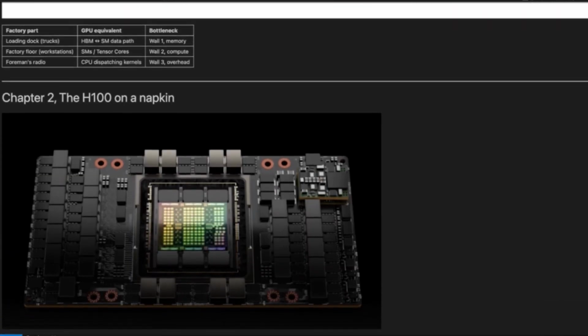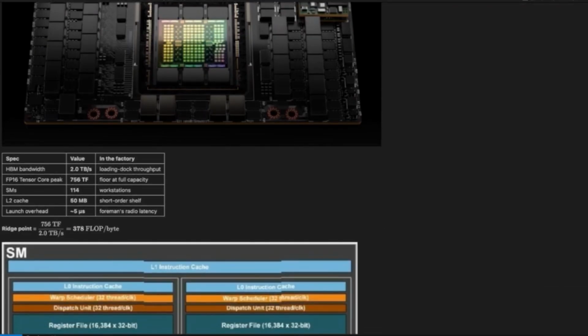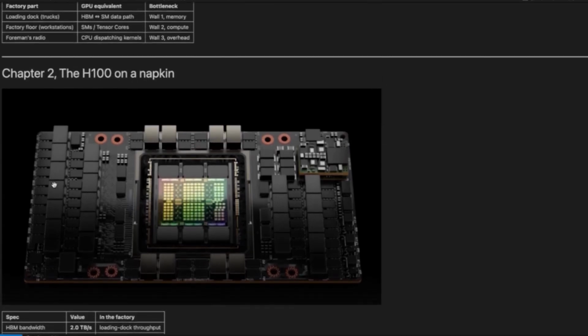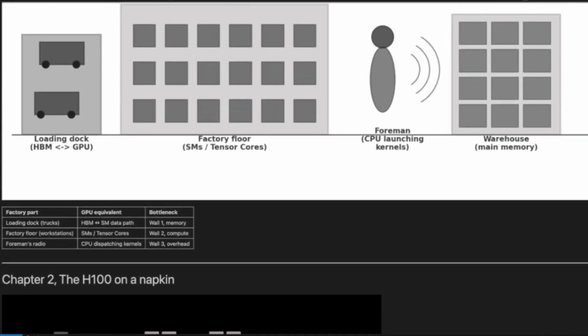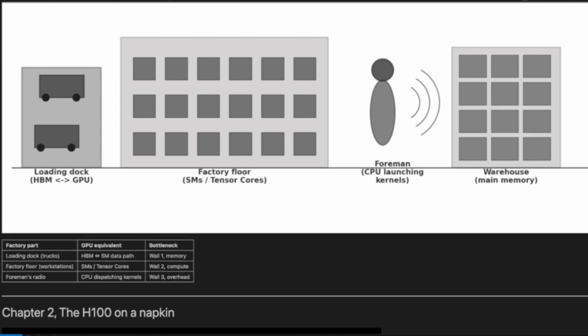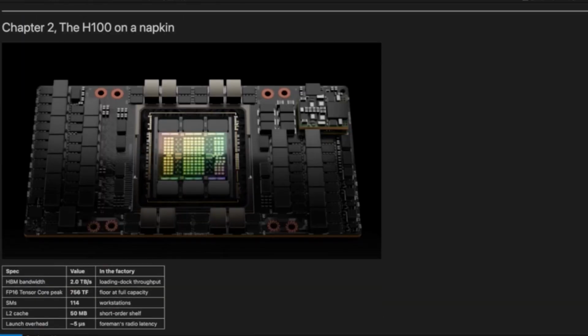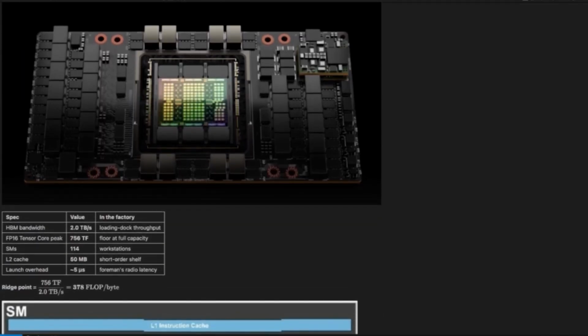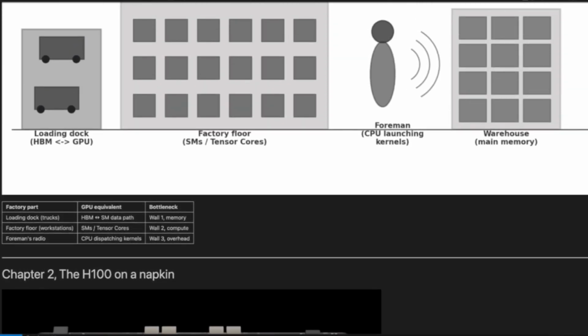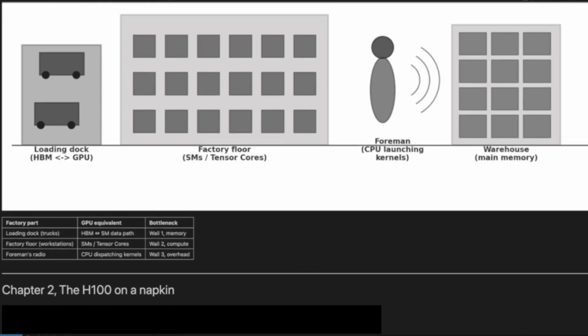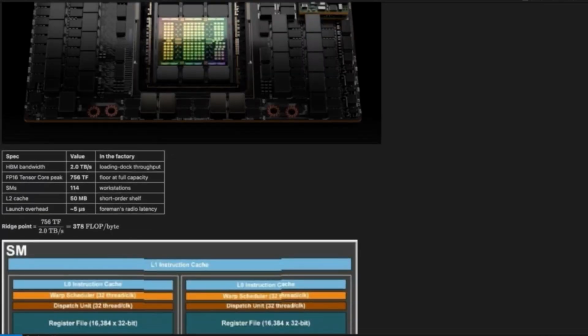Then we have the FP16 tensor core peak, which is at 756 teraflops. This is how fast the computation can happen inside the factory floor, in the tensor cores. And then we have the SMs, of which there are 114 in total. This is again where all the math computation is happening.